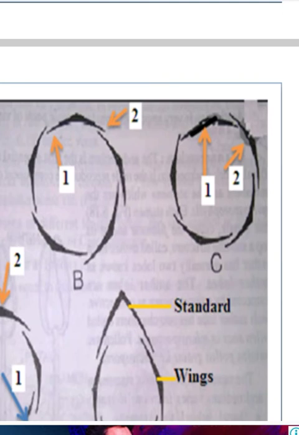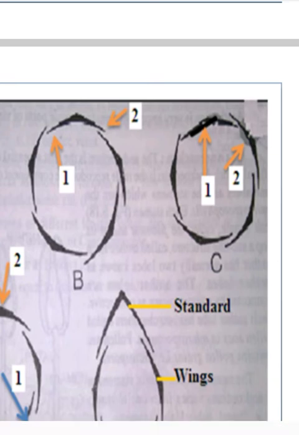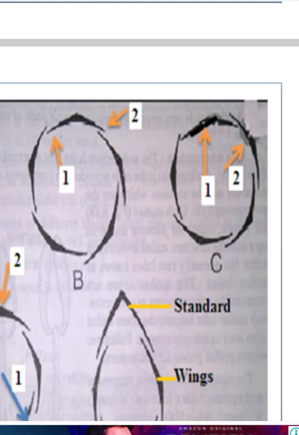Then the imbricate. In the imbricate, there are 5 petals. Number 1 petal is completely inside, and number 2 petal is completely outside. Remaining 3 petals, one margin inside, one margin outside.